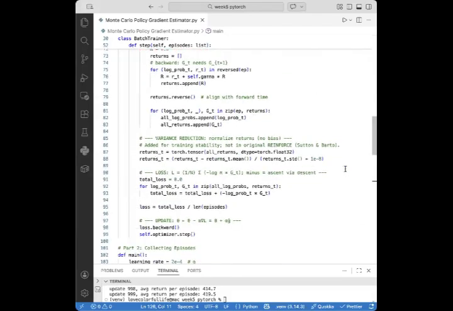Let's see this part. So we normalize the returns: subtract the mean, divide by the standard deviation. This is variance reduction. It doesn't change the direction of the gradient, just makes the scale more stable. Adam works better this way.